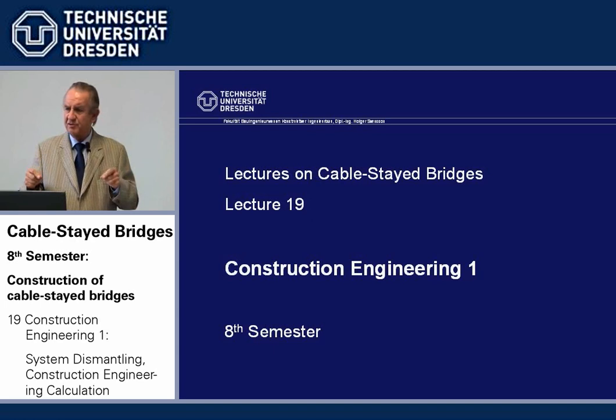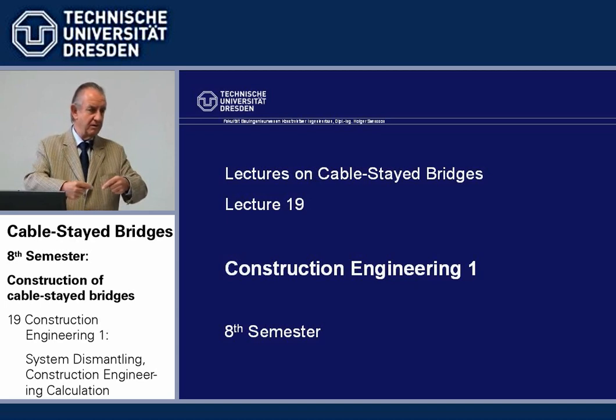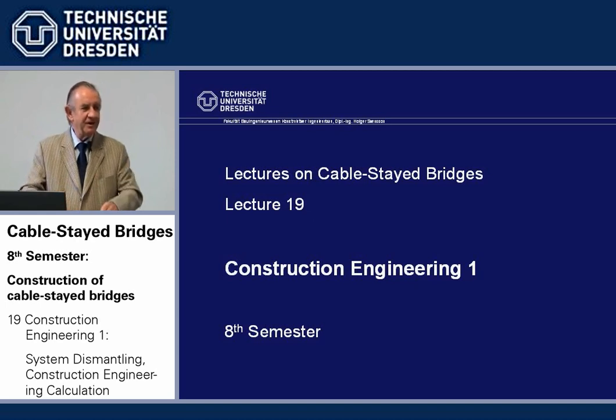We need the precise values, we need the precise deformations. So what I am going to show you here are the loadings we use. What are we going to tell the computer what to do in order to arrive at the forces at the intermediate stages.